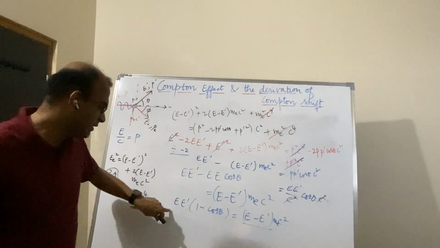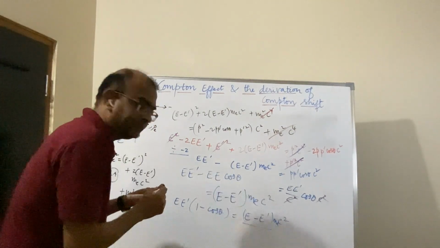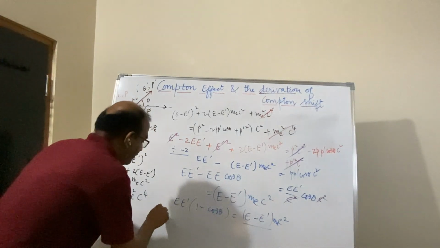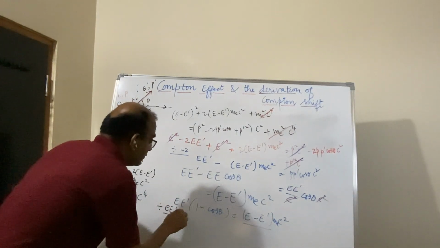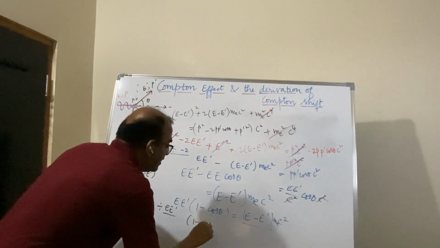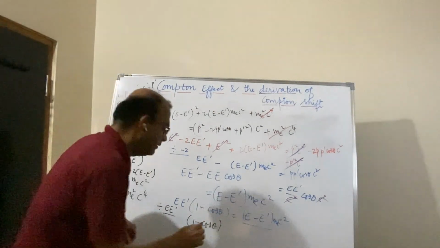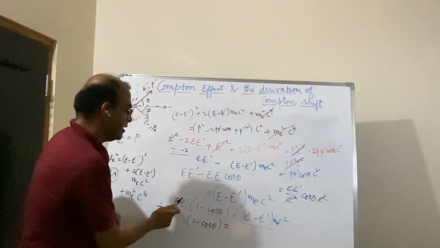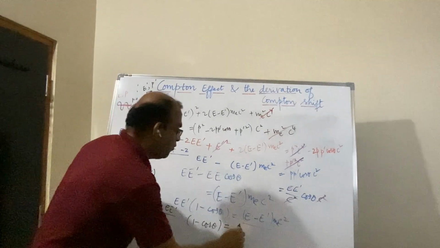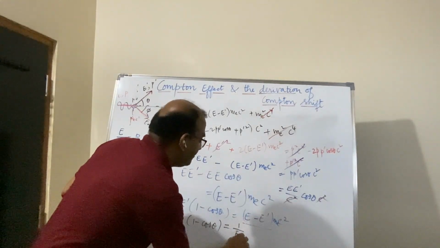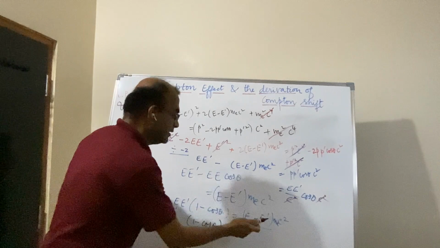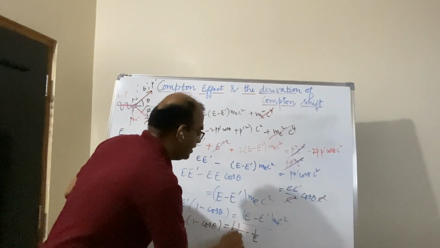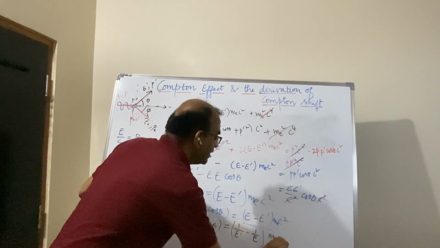If you divide the whole thing by E prime, we would have one minus cos theta on the left side is equal to E by E prime would be 1 by E prime, and then for the second term it would be 1 by E or 1 over E times m_e c squared.